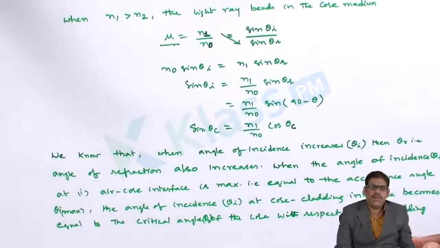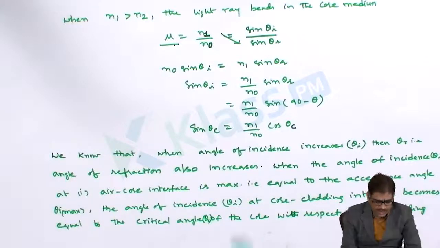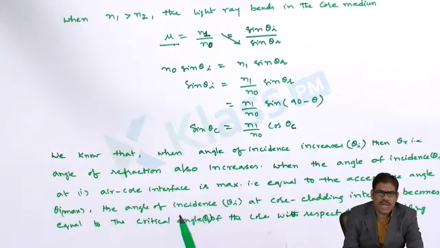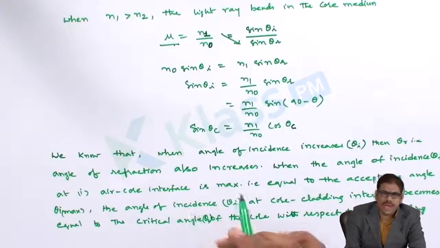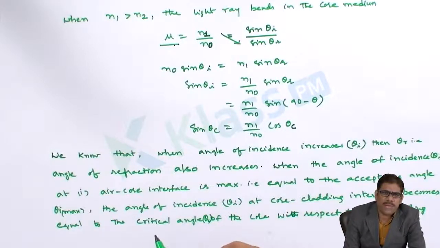So at that point, what will happen? At the air core interface, the angle of incidence is maximum. Maximum angle means the angle of refraction is greater. That refracted angle is supposed to meet the core cladding interface, so that will be treated as the angle of incidence.